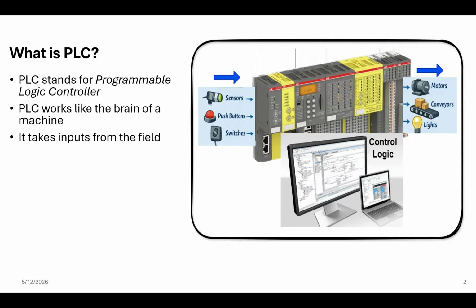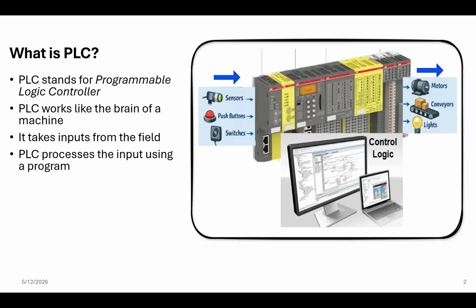It takes the input from the field, and the input signals generally come from sensors, push buttons, switches, and temperature or pressure devices. It processes the input using a program.